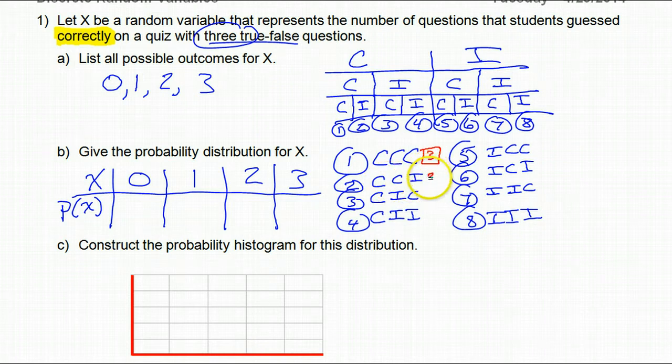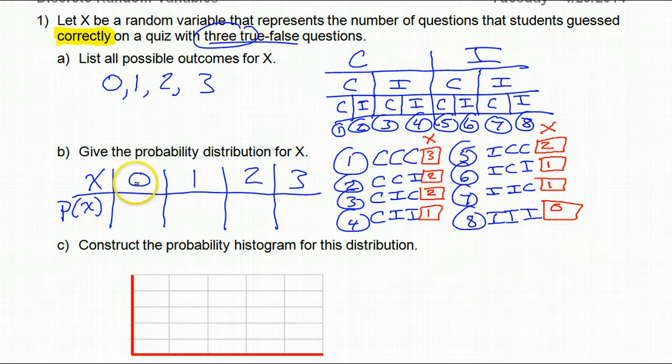Outcome number 2, you have 2. Outcome number 3, you have 2 correct. Outcome number 4, you have 1. Outcome number 5, 2 correct. Here you have 1 correct, 1 correct, and 0 correct. So these reds are my x values, the x values of each outcome.